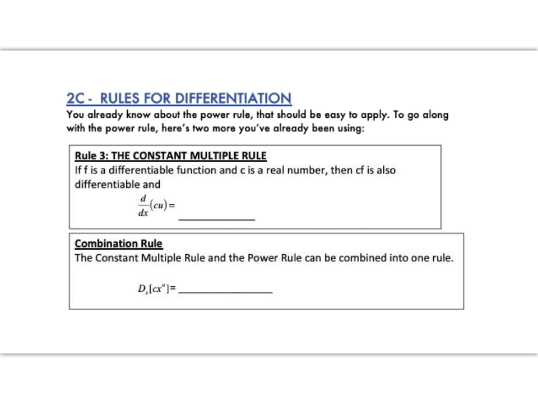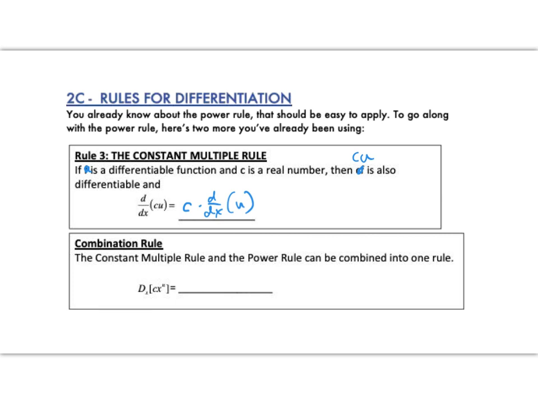So one thing about the constant multiple rule is that you can take a constant and it can come outside a calculus symbol. And there's a little error here, this should be a u. If u is a differentiable function of x and c is a real number, then c times u is also differentiable, and the derivative is just going to be c times the derivative of u.